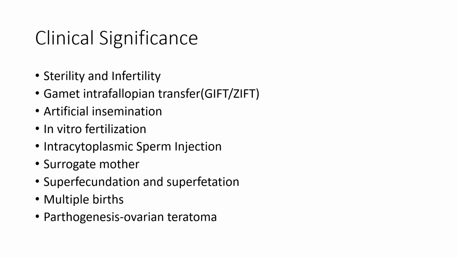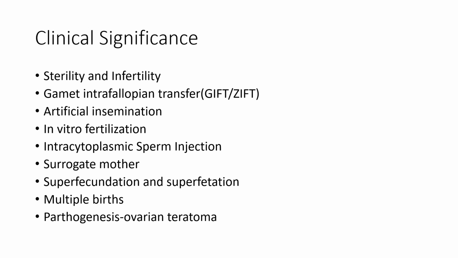That means the age of the fetuses, both fetuses, will be the same. If the fertilizing male partner is the same, it is called homo superfecundation. And if two different male partners are there, then it is called hetero superfecundation.